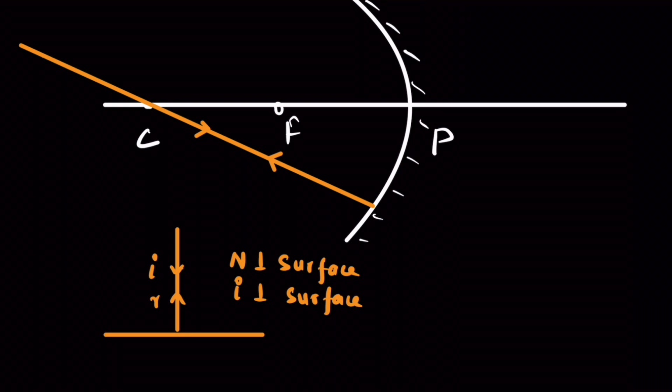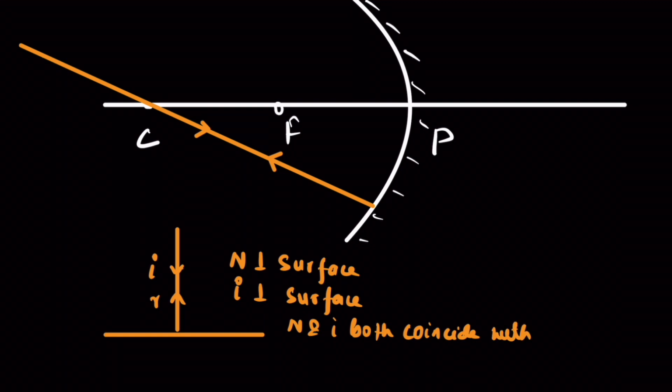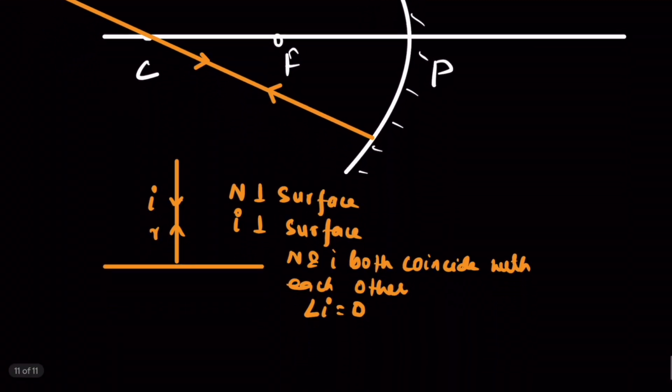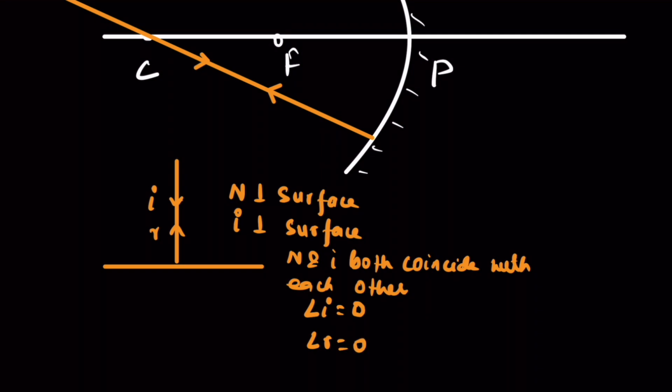So it means that the normal and incident ray both coincide with each other. So here angle I will be equal to 0. From the law of reflection, if angle I is equal to 0, it means that angle R will also be 0, because the law of reflection says that angle I is equal to angle R. So that's why the incident ray and reflected ray both lie in the same path.